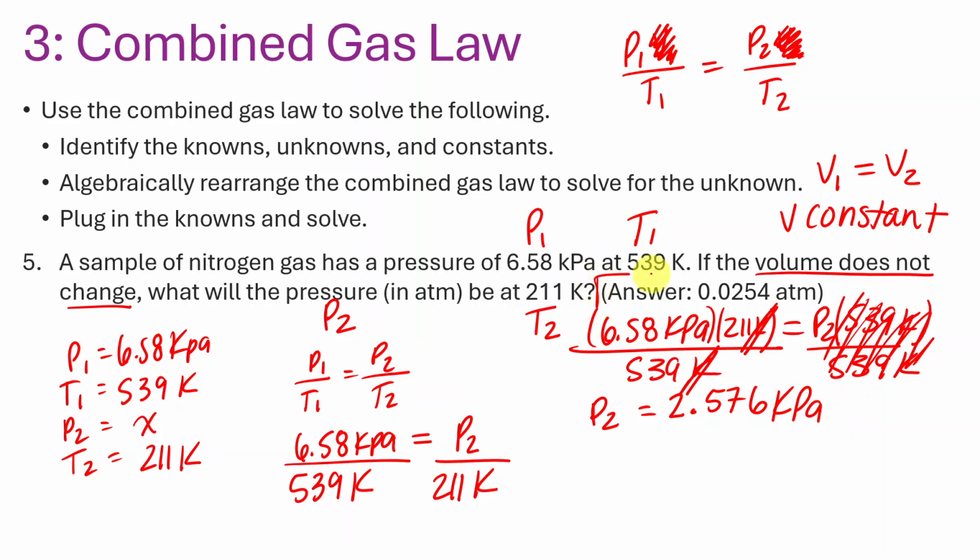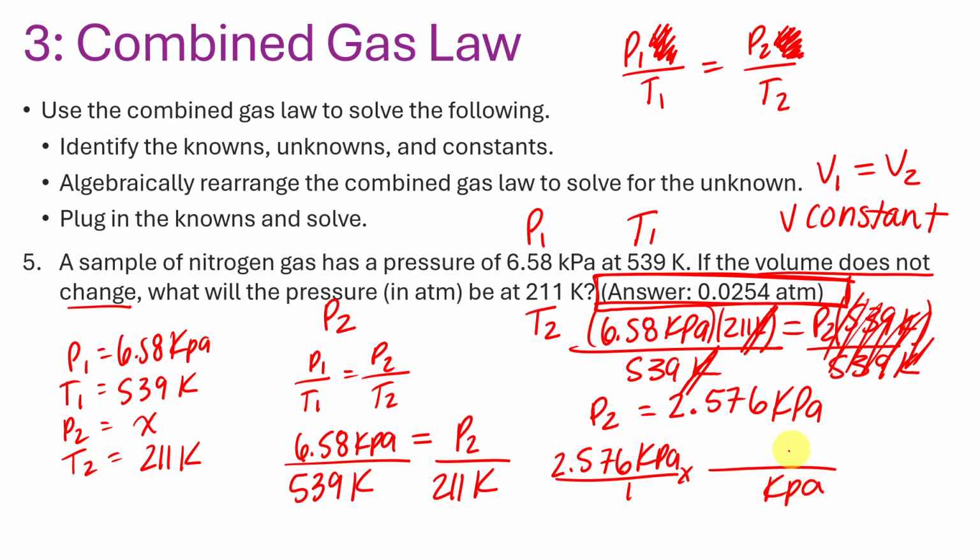Now, if you look at my answer, though, those numbers don't match, and that's because my units are wrong. So I want to convert 2.576 kilopascals. I need to convert from kPa into ATM.